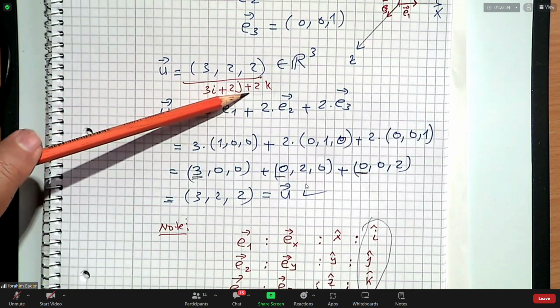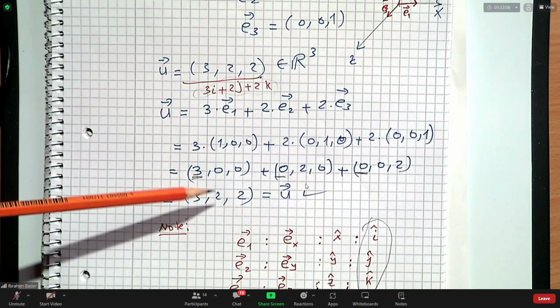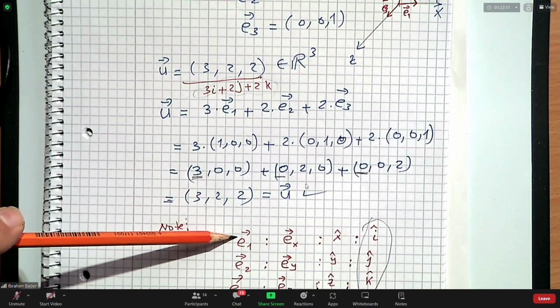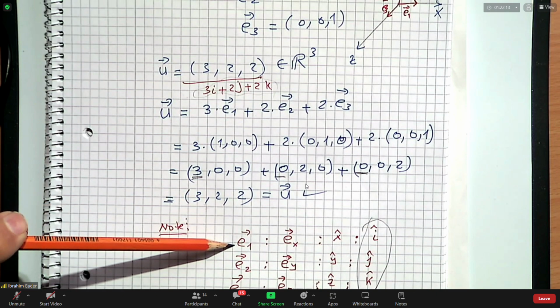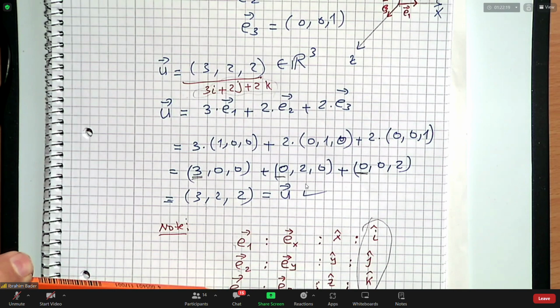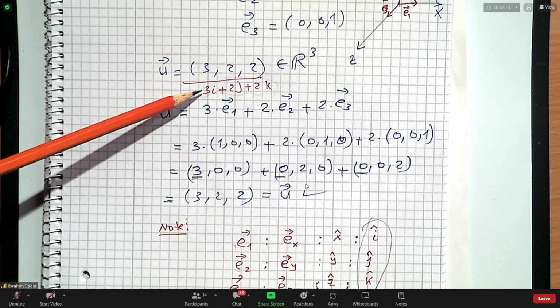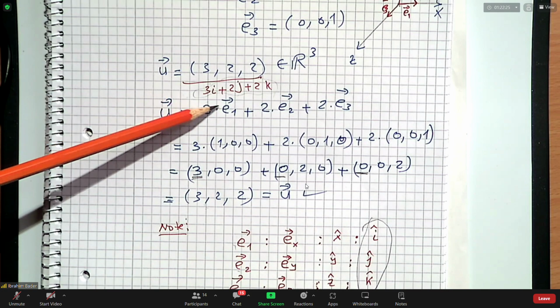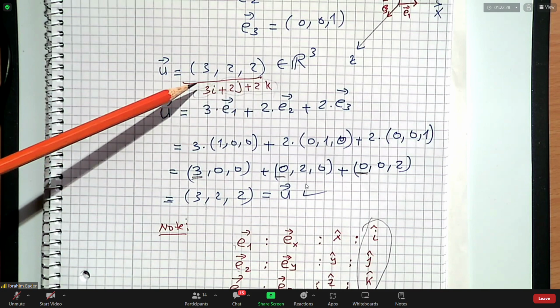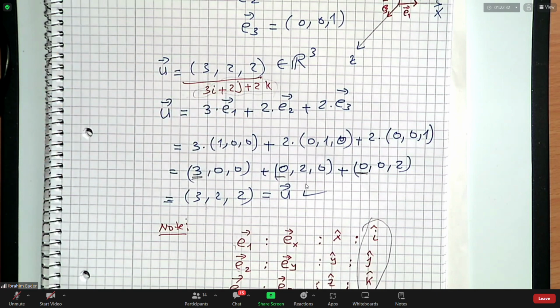Notice that this notation here is a linear combination that we used, because as we defined it here, E1 is nothing else than 1, 0, 0. E2 is nothing else than 0, 1, 0. E3 is nothing else than 0, 0, 1. So in many literature, it's written as a linear combination already of these unit vectors.